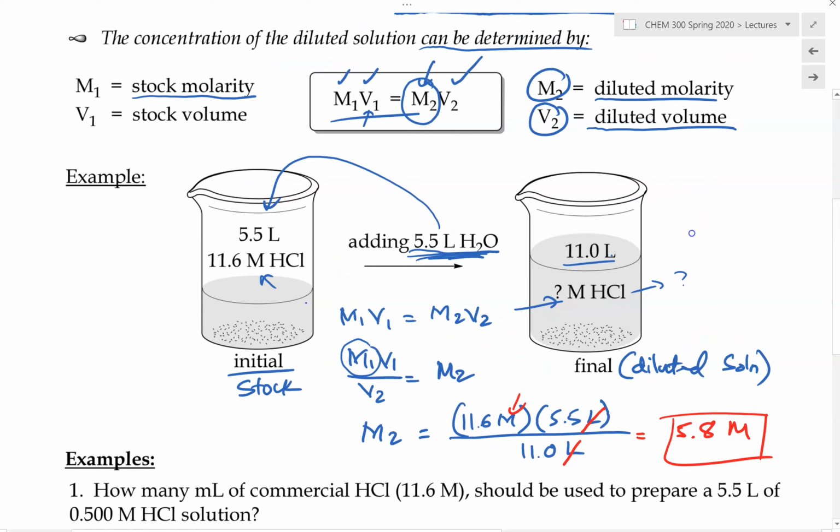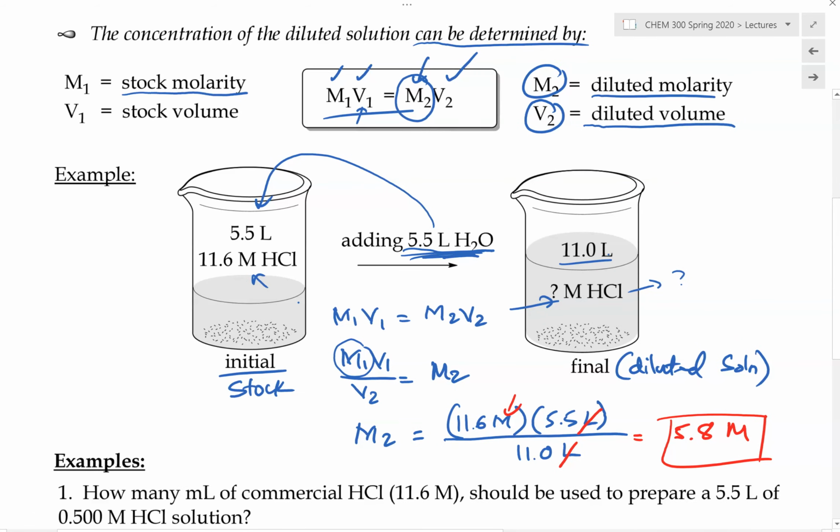Okay, and so please keep in mind that any time, we have to ask ourselves, are we diluting the solution here in this case? Based on the context of the problem, if it involves adding more solvent to an original solution, or maybe adding another solution to an already existing solution, then what we are doing is diluting the original solution that we're interested in.